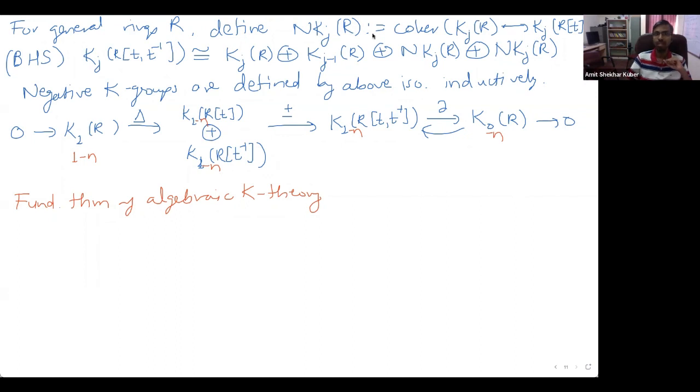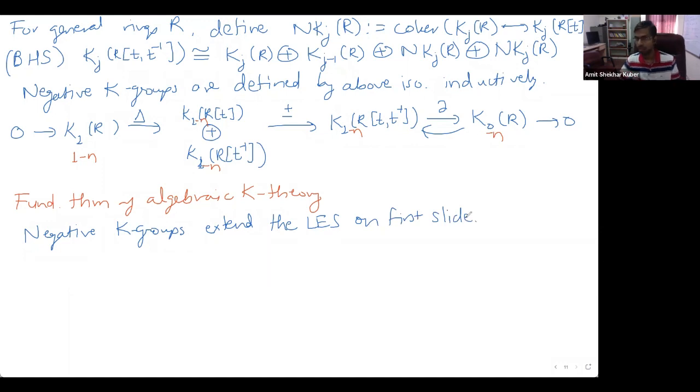And obviously, this construction is also well behaved: the negative K groups extend the long exact sequence on the first slide.